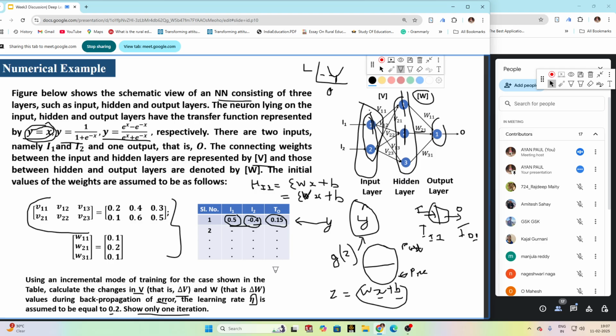So what is sigma of vx? If I take this neuron HI1, it has input coming from the first neuron and the second neuron also.